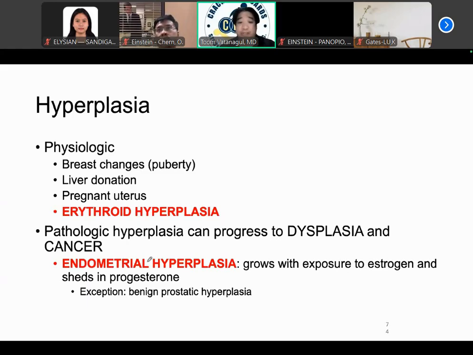Dysplasia can progress to cancer. Please take note of this.